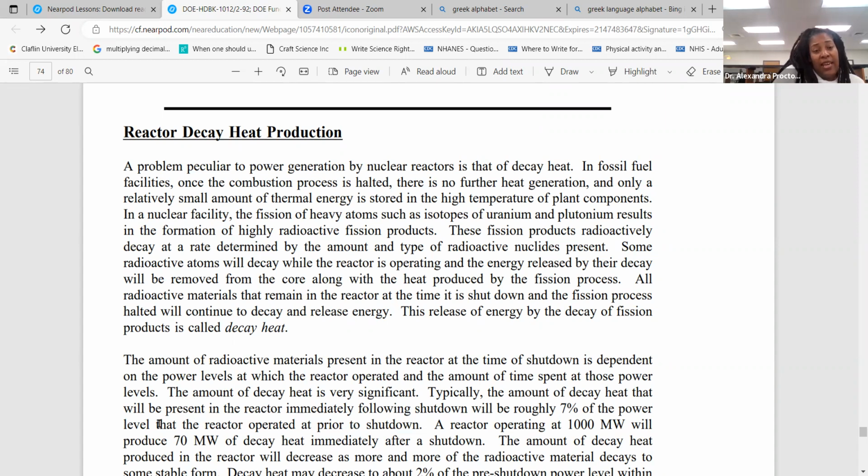Typically, the amount of decay heat present in the reactor immediately following shutdown is roughly 7% of the power level that the reactor operated at prior to shutdown. A reactor operating at 1,000 megawatts will produce 70 megawatts of decay heat immediately after shutdown.